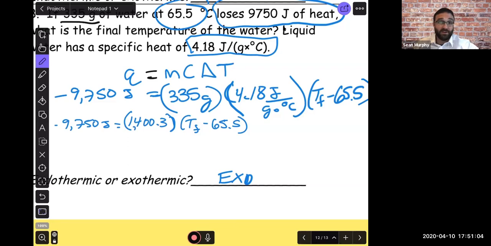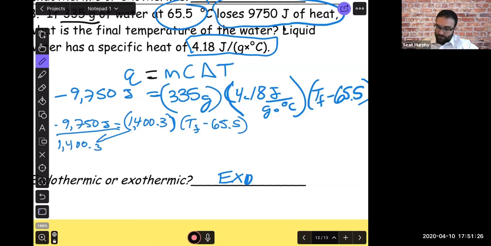All right, so how do I get rid of the 1400? It's on the opposite side of the equal sign. The only way to move it is to multiply it, and then cross multiply. So this is going to go down here, and this is going to go down to 1400.3.